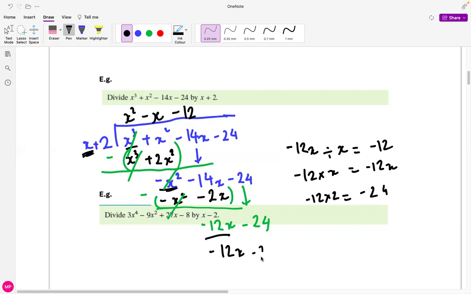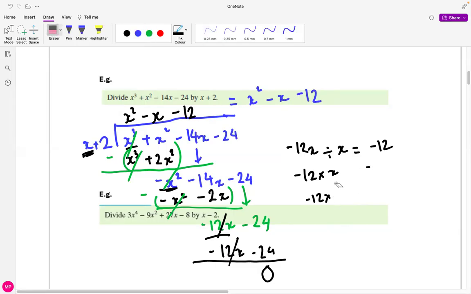Then you subtract them, and there's no remainder. The remainder is 0. So the answer is just the quotient, x squared minus x minus 12. All right, so this is the long way of finding the quotient and remainder.